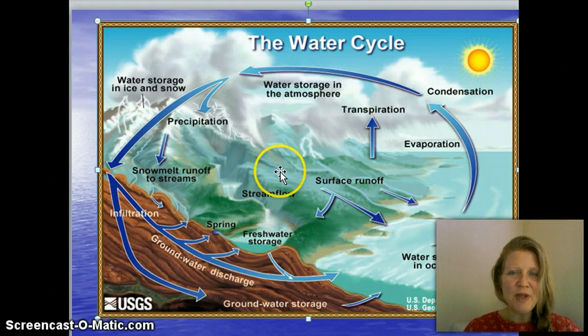We have stream flow, the water that's stored in our atmosphere, the water that's stored in ice and snow, and then consequently the precipitation that occurs, the melting of our snow and ice, and then infiltration into our groundwater, where it's then recharged into freshwater sources such as a river, a lake, or a stream, or into the ocean.